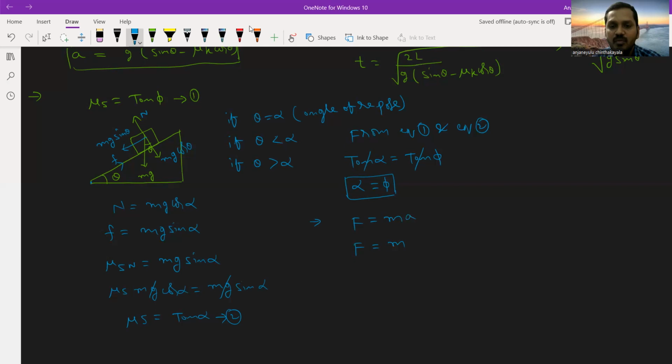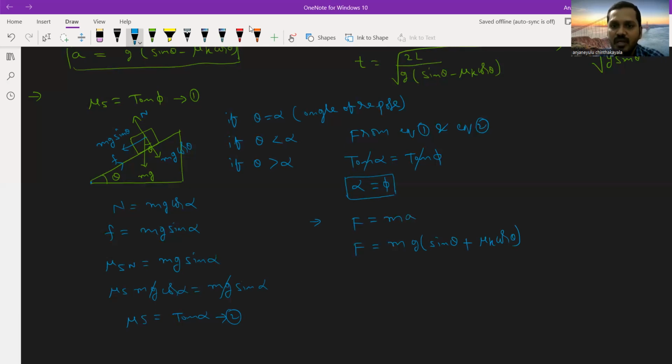But here the block is moving upward, so just change the sign. Then in place of A, I am substituting, F is equal to m into g into sin theta plus mu k cos theta. This is the force required for the block moving in the upward direction.